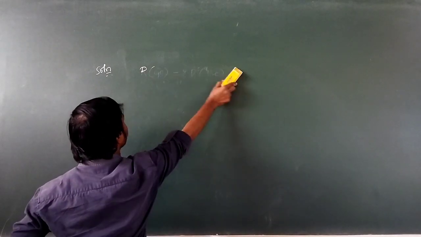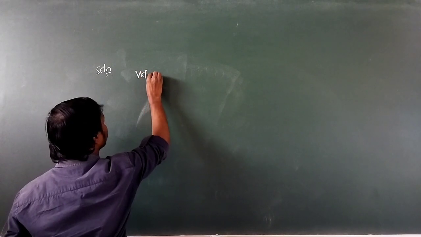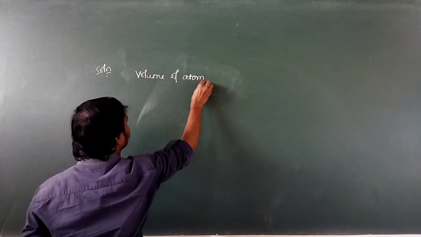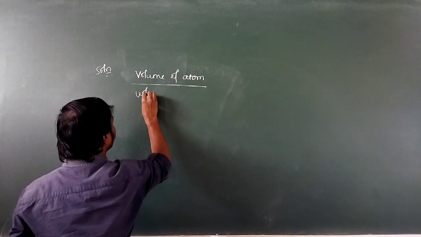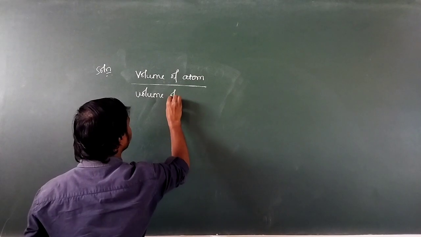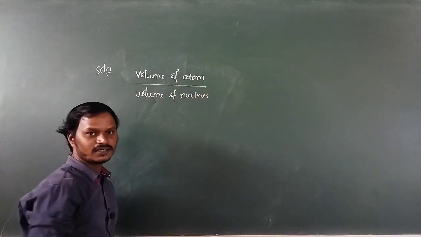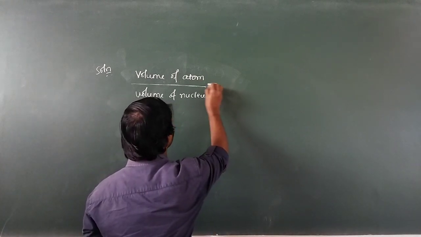So first I will write volume of atom divided by volume of nucleus. Listen here, the atom is spherical in shape, and the nucleus is also spherical in shape. What is the formula to find the volume of the atom?